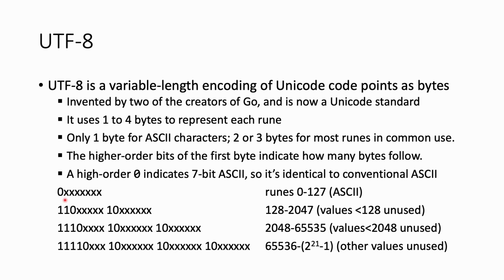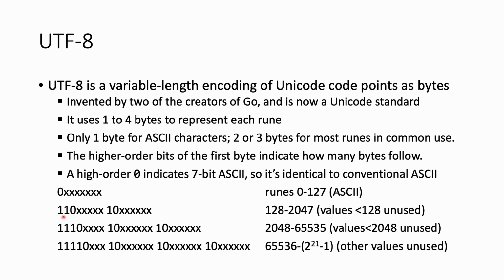For runes that are represented with 2 or more bytes, the leftmost bit will be 1 instead of 0. When the leftmost bit is 0, it uses only 1 byte to represent that rune, and that corresponds to the ASCII character.